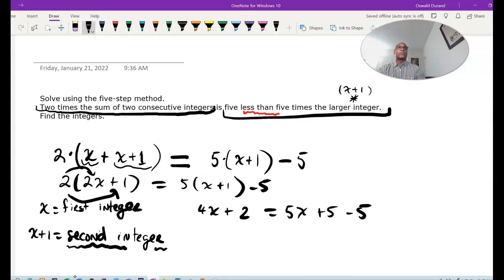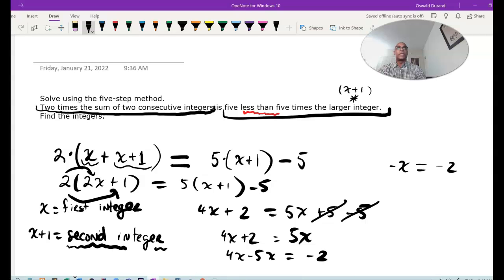The positive 5 and the negative 5 cancel out because they're opposite. So I'm left with 4x plus 2 equal to 5x, which gives me 4x minus 5x equal to negative 2, which means that negative x equal to negative 2.